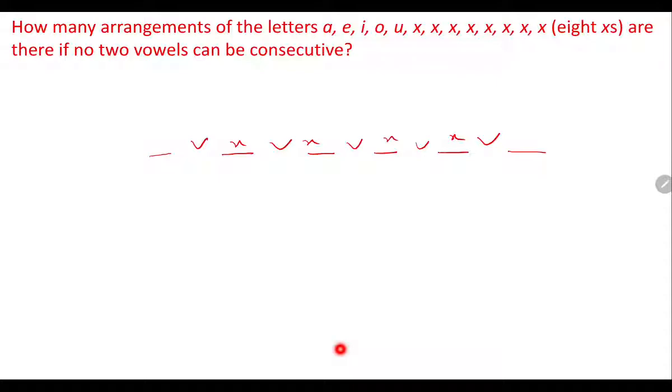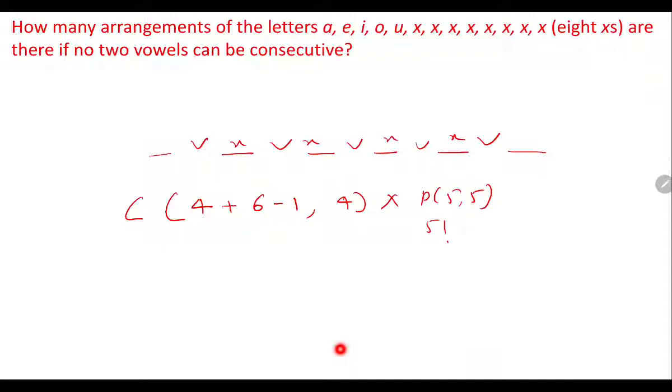This is the situation. It means that 4 X's have already been put and a total of 6 positions are there, and the X's are identical. So the remaining 4 X's need to be distributed in 6 boxes, and 5 vowels need to be put. All vowels are distinct. It's not given, but we have to see that they are distinct. So it can be P(5,5), which is 5 factorial.